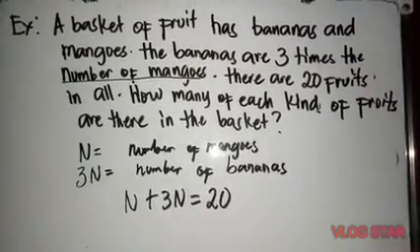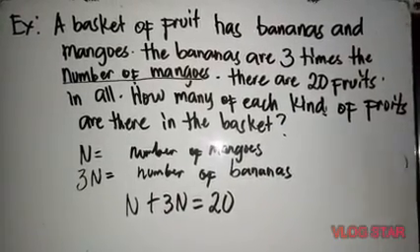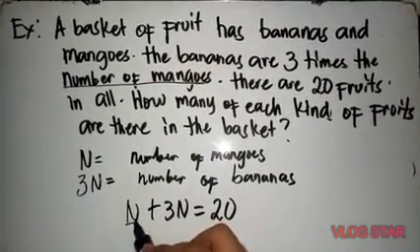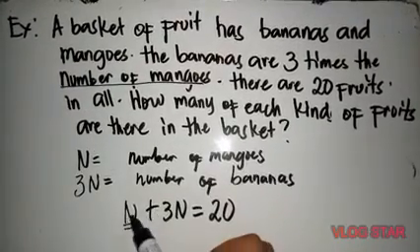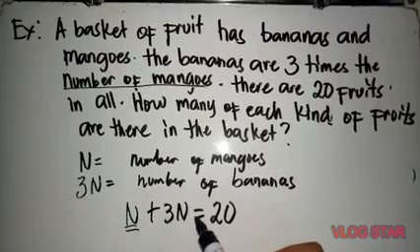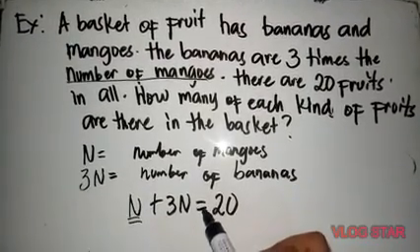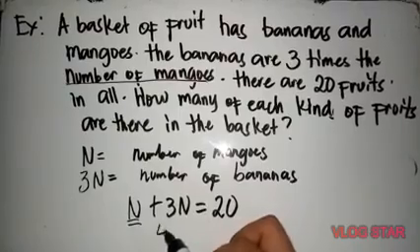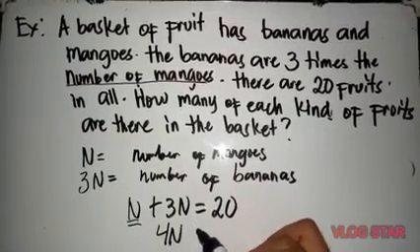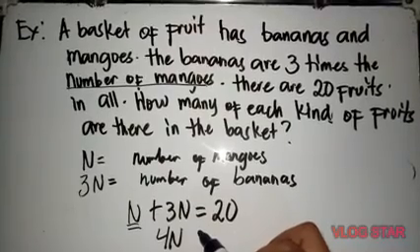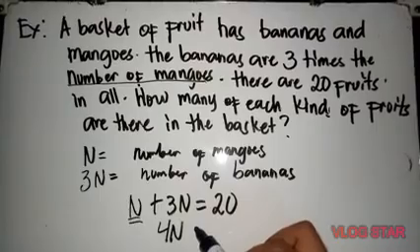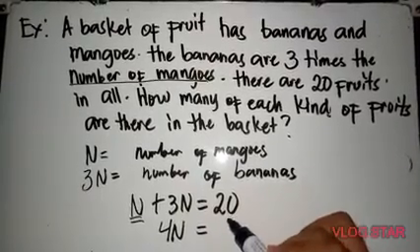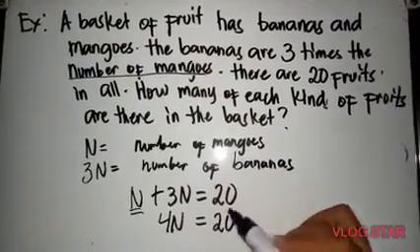So the first thing that we should solve is the value of n. Since n plus 3n, we can write this as 4n is equal to 20.